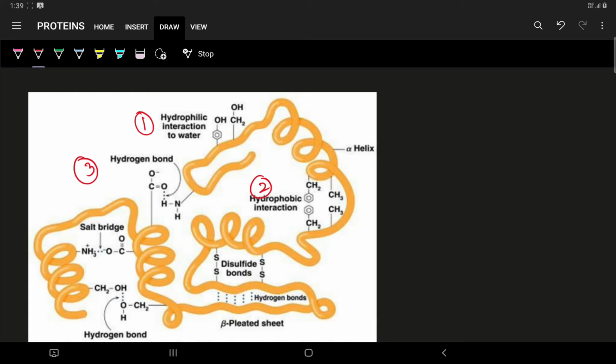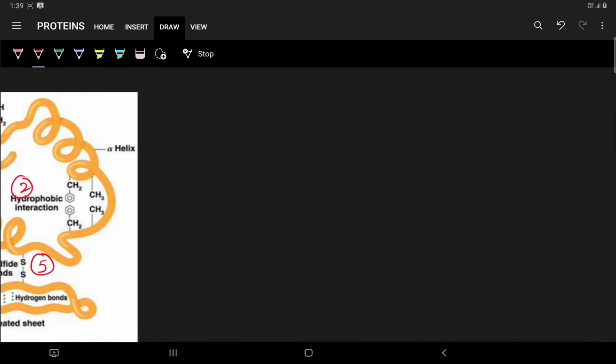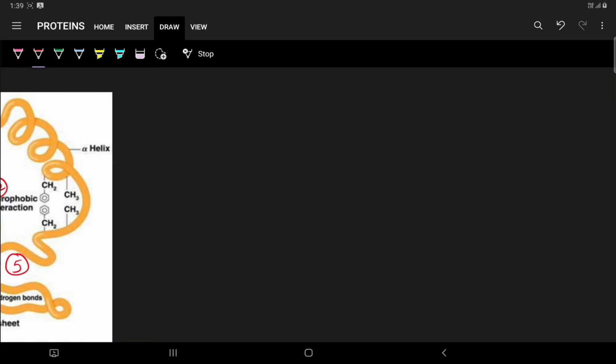Then come the salt bridges. These are the ionic forces of interaction here. Then come the disulfide linkages here. So these give rise to a particular twisted structure which is three-dimensional in nature and known as the tertiary structure of proteins. Now let us learn how to draw these structures.